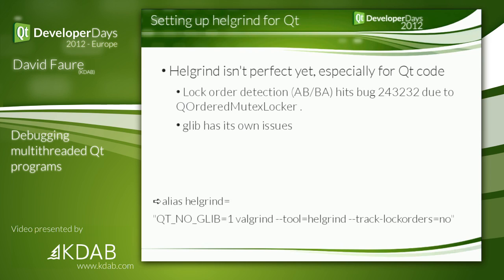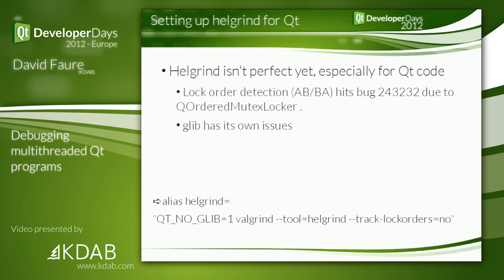You know the famous problem where you have two threads and one of them locks mutex A and mutex B, the other thread locks mutex B and mutex A. If they both lock their first mutex, they wait for each other forever. There is a detection for that in Helgrind, and here again it will detect, even if you don't actually get a deadlock, it will simply say you have been locking mutexes in the wrong order between these two threads.